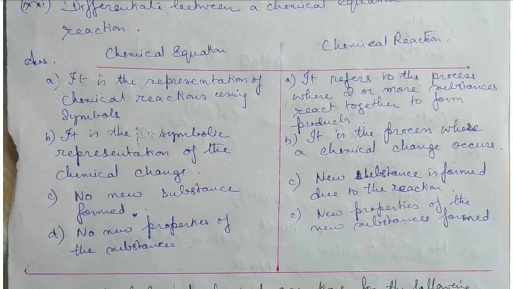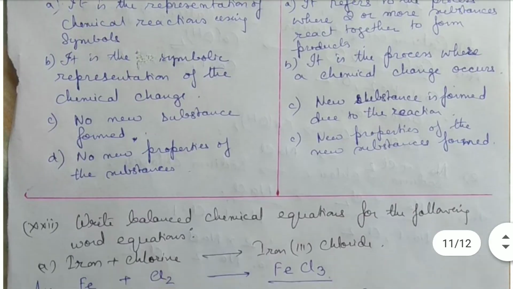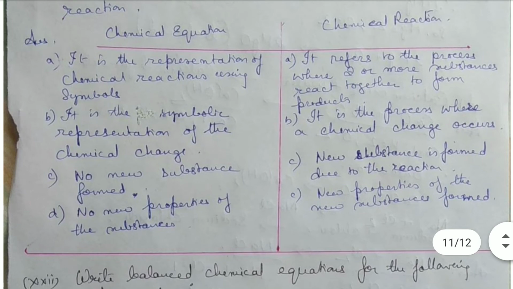A chemical equation is the symbolic representation of the chemical change, whereas a chemical reaction is the process where the chemical change occurs. In a chemical equation, no new substance is formed, but in a chemical reaction, new substances are formed due to the reaction. Then in a chemical equation, no new properties of the substances are there, whereas in a chemical reaction, new properties of the new substances are formed.